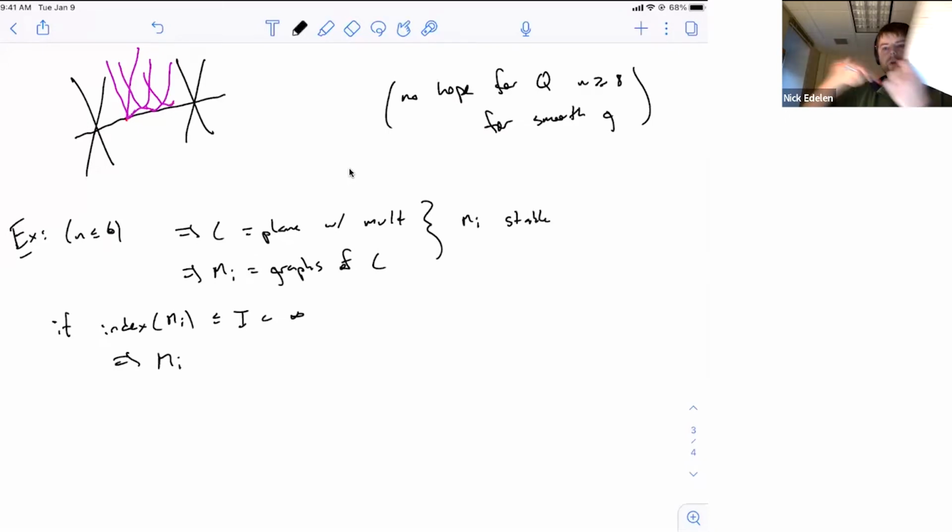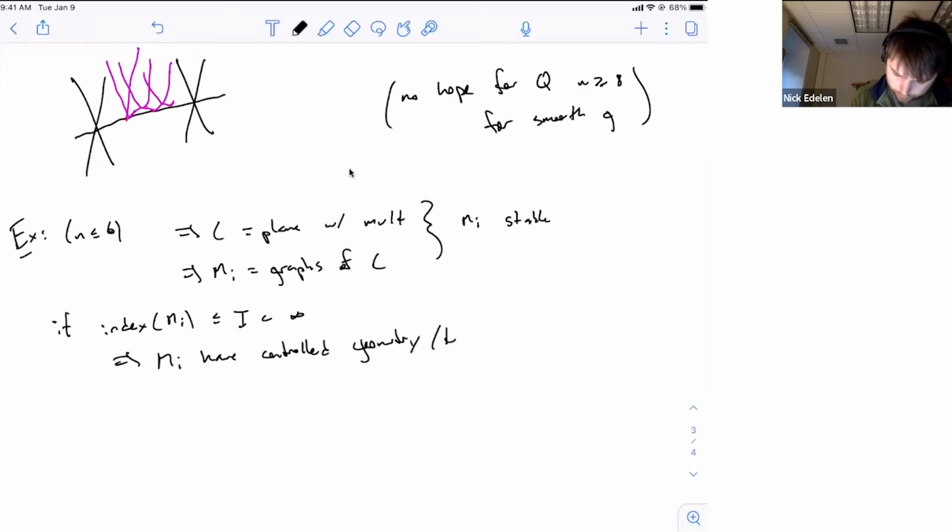You can control what's happening at those points of index concentration. So the MIs have controlled geometry and topology.